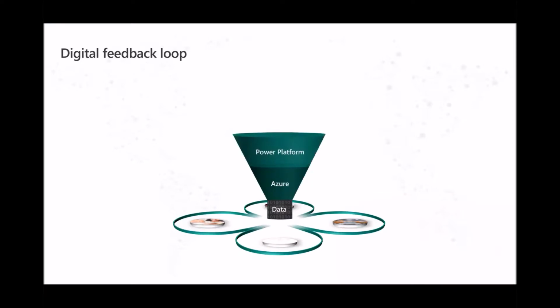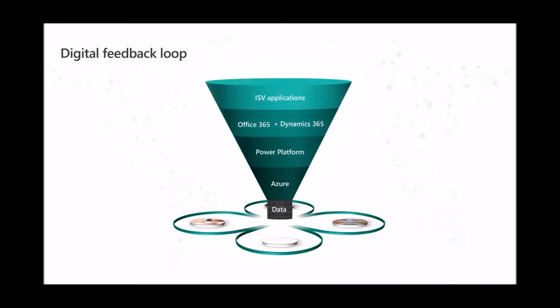On top of Azure, we build what we will try to explain to you today, the Power Platform. And on top of that, we have finished applications like Dynamics 365, which is a customer engagement plus an ERP solution. Office 365, which you all know, I suppose, is our productivity suite. And then we also have ISV applications.